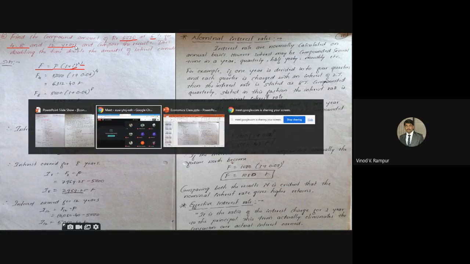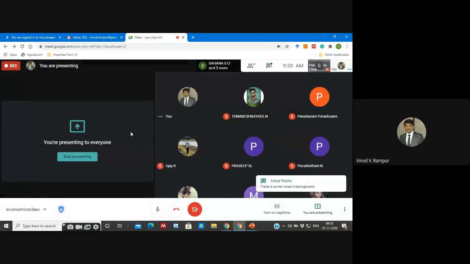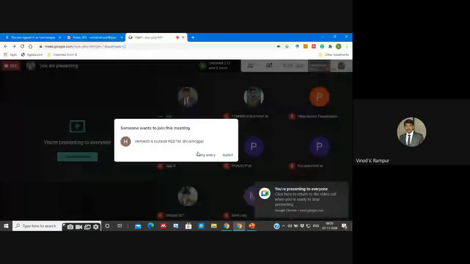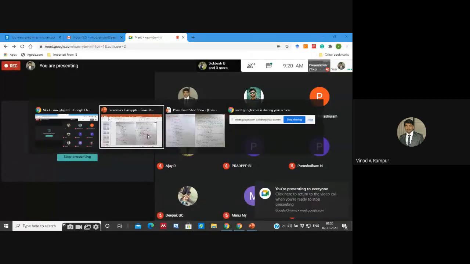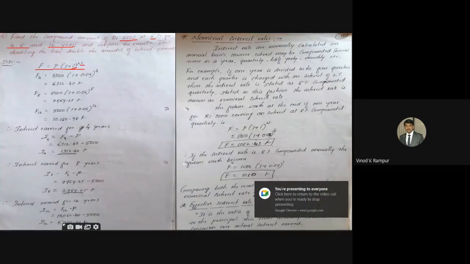This is the same formula we are going to use for compound interest: F is equal to P into (1 plus i) raised to n. Here F is the future sum of the amount, P is the principal amount, i is the interest rate, and n is the number of periods. There are three periods given: 4, 8, and 12.